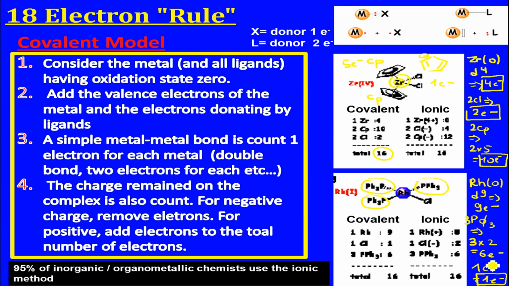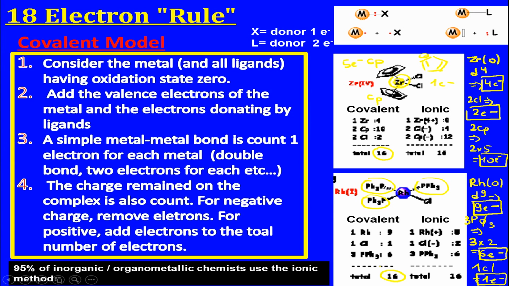The total is 1 plus 6, we have 7, plus 9, so the complex is 16 electrons.